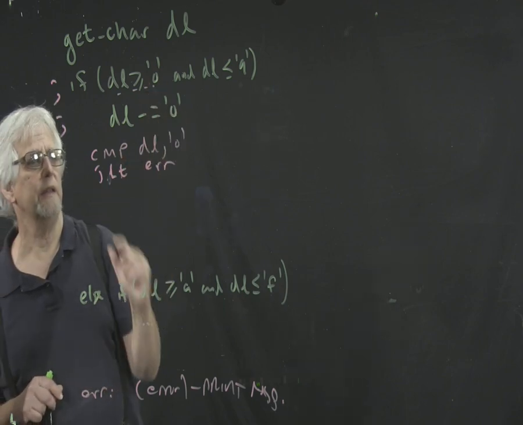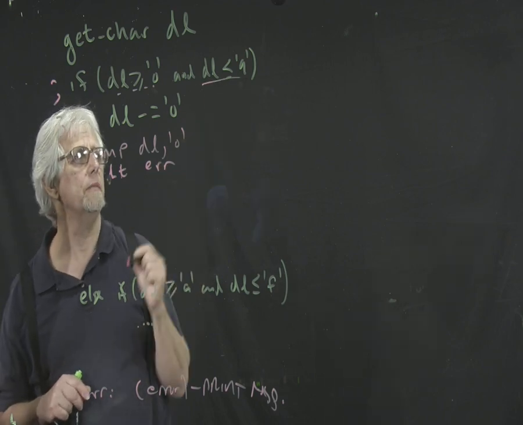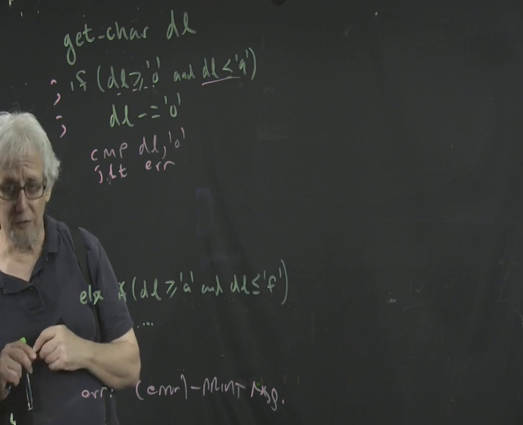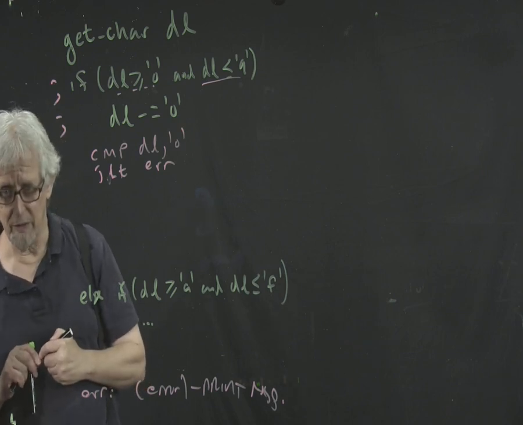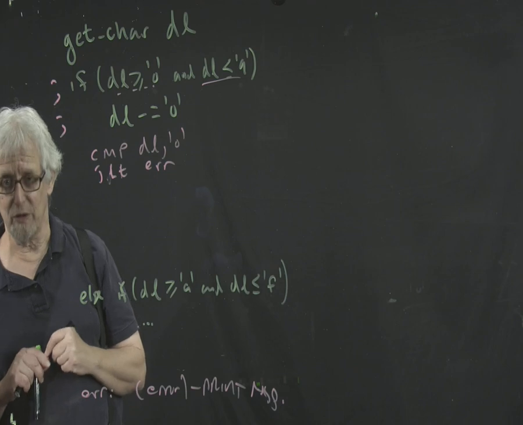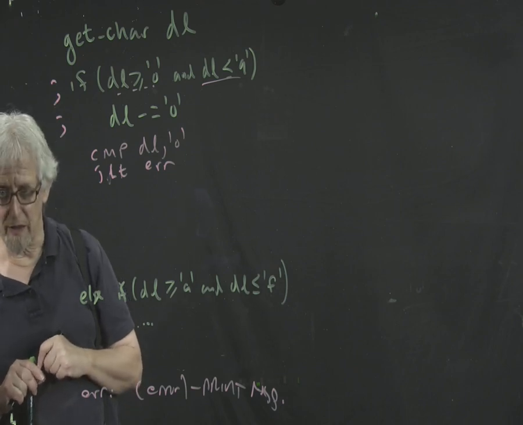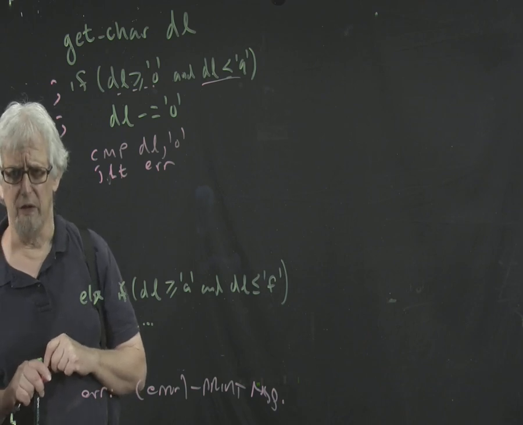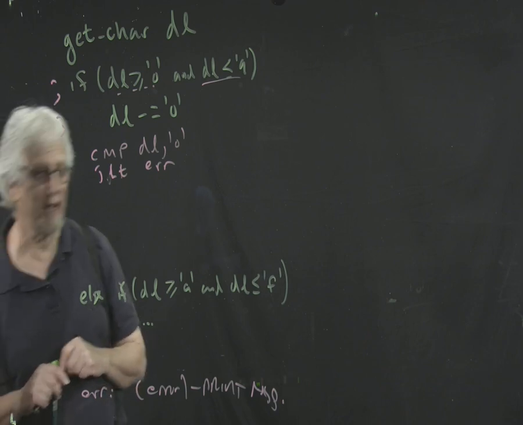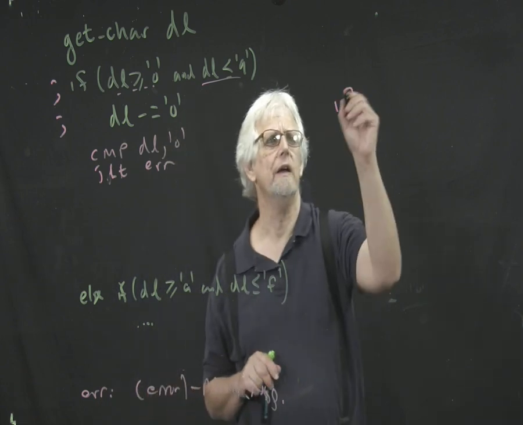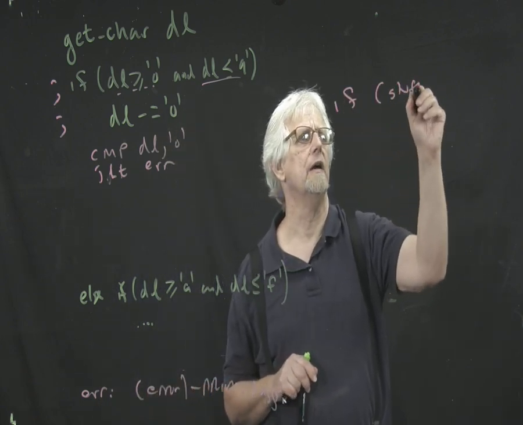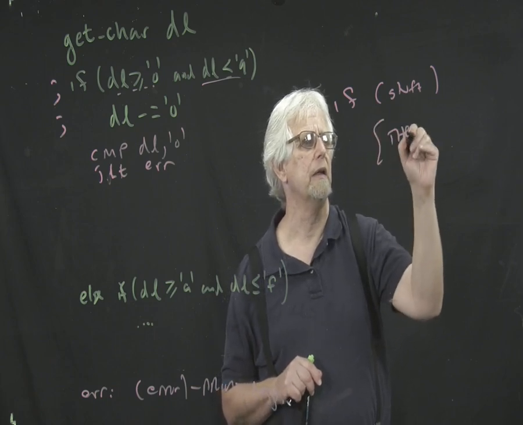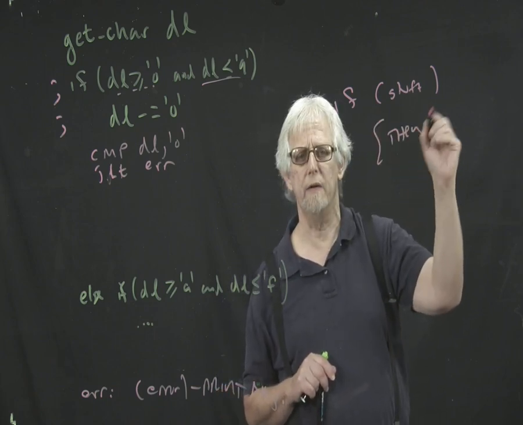Okay? Now the next comparison is this one, right? And now you're going to notice something about the way assembler if instructions work: we always do the logic backwards. The usual form of an if is what? If, then, okay?